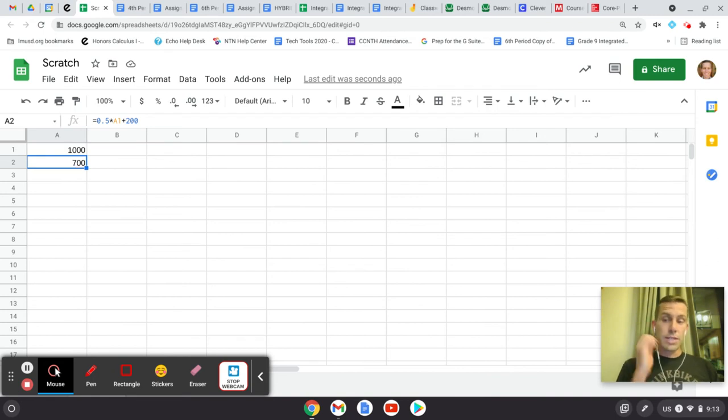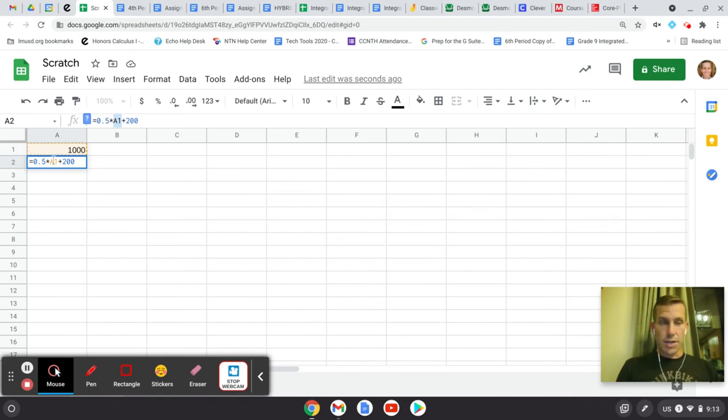So here's one of the really nice things about Google Sheets, and one of the things that you're going to need to use to answer some of the questions that you have to work on today. When you write a formula like this, Google Sheets knows that when you're referencing cell A1, that's the cell that's directly above the cell that your formula is in.